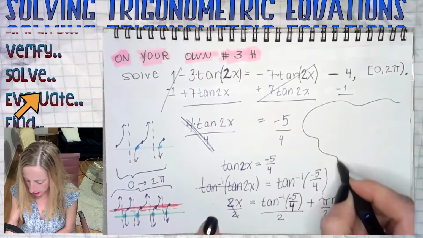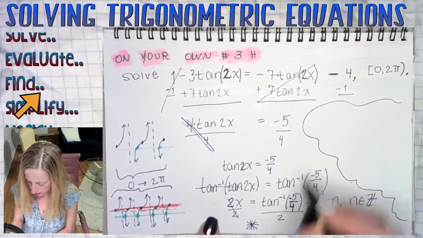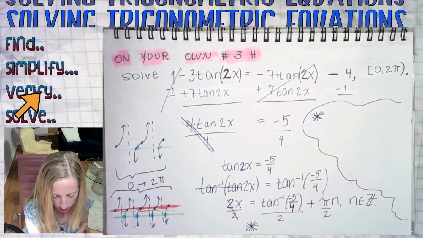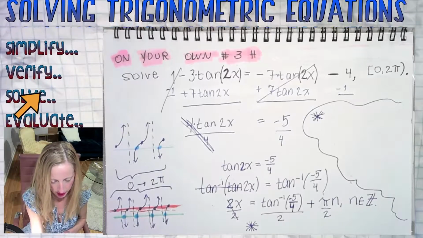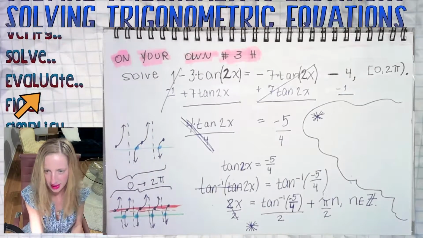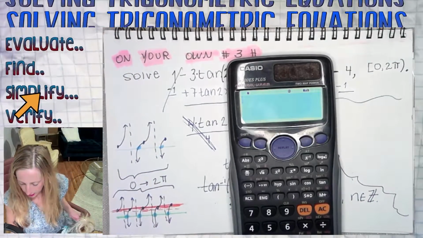So I'm going to go over here just because, you know, it gets a little messy. And I'm going to need my calculator that I hope I have handy. Okay, have the calculator.